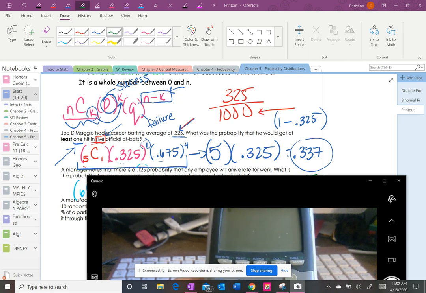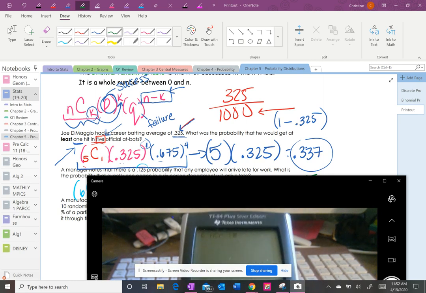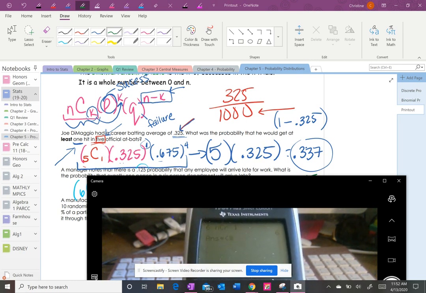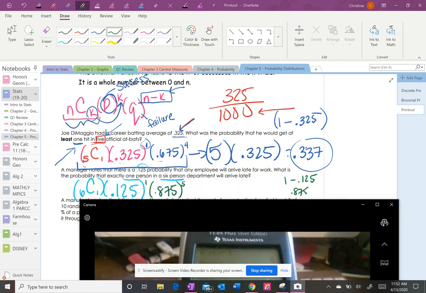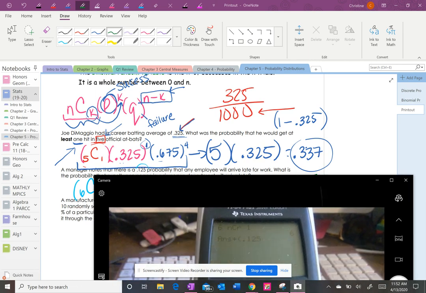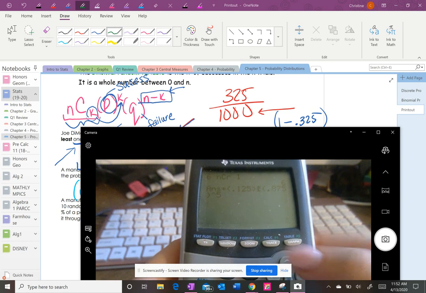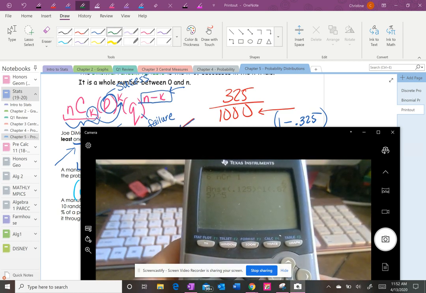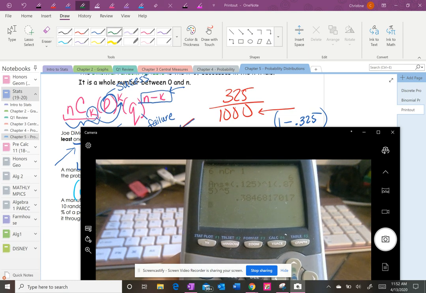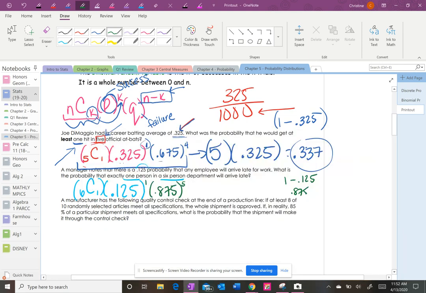It's going to be 6 nCr 1 times 0.125 to the first power times 0.875 to the fifth power. So 0.3846. So about 0.385 or 38.5%.